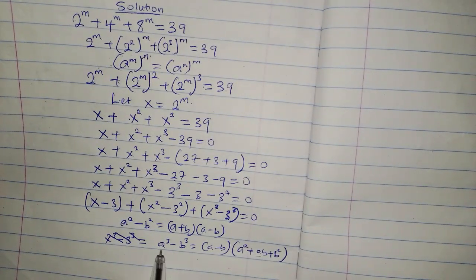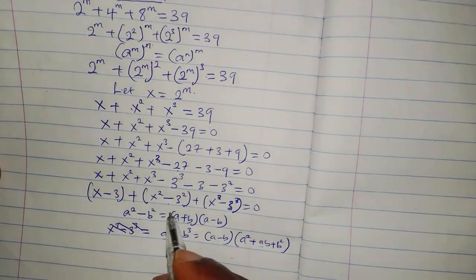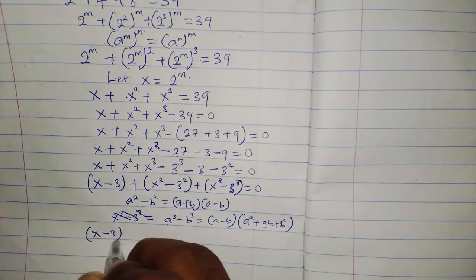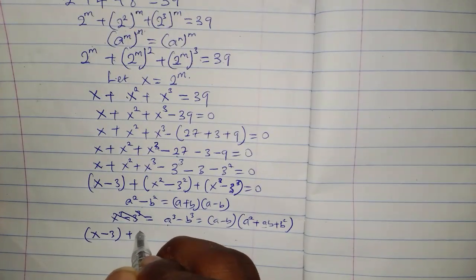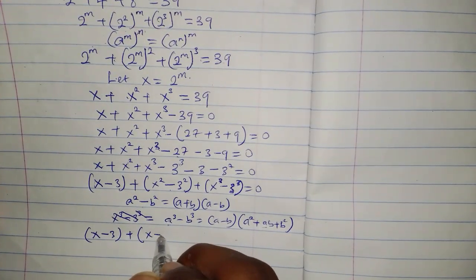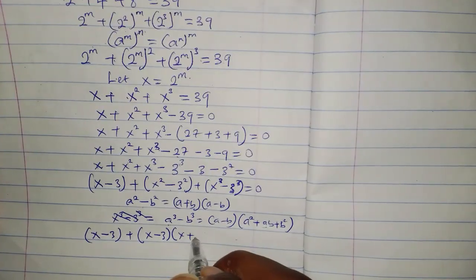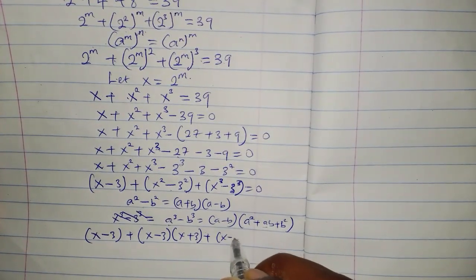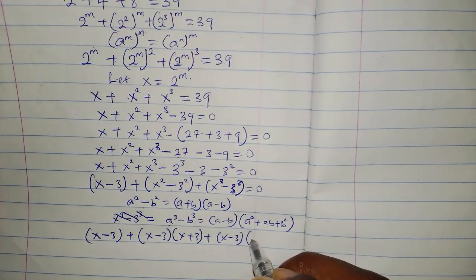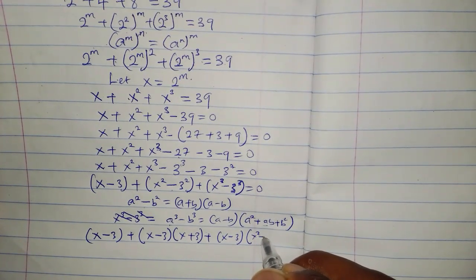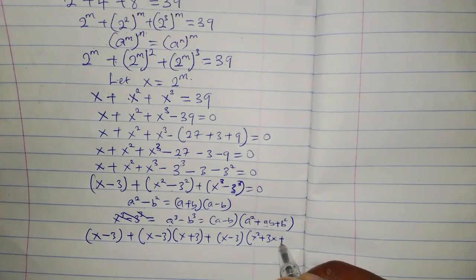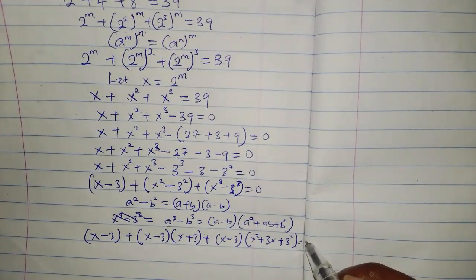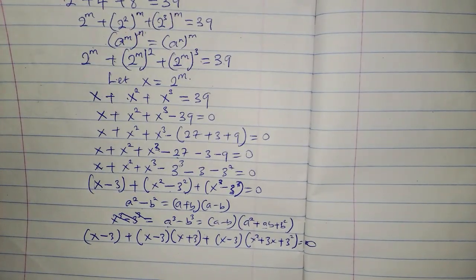So if we put this through here and this through here, we have x minus 3, plus, open bracket, x minus 3 times x plus 3, plus x minus 3 times x squared plus 3x plus 3 squared, close bracket, all equals 0.